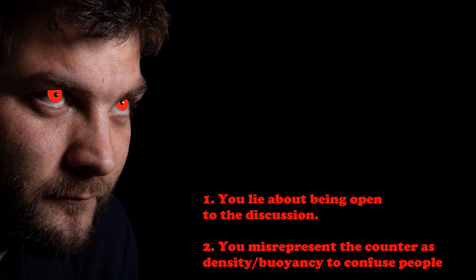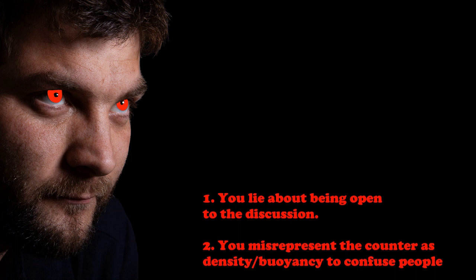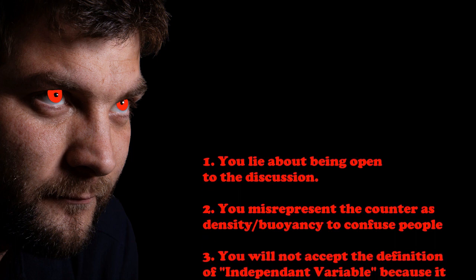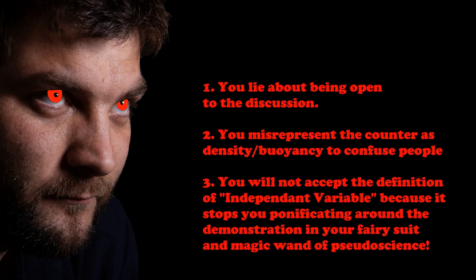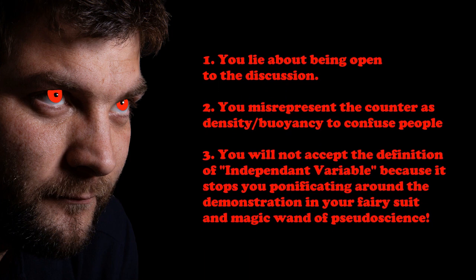It's not been like that for ages, but you do, and that's only done to confuse people. Relative density is the description, Bob. Please use that in future. And number 3, Bob will not accept the definition of the independent variable, because it stops him pontificating around the demonstration in your fairy suit and your magic wand of pseudoscience. Because if you do accept scientific method and you do accept the definition for independent variable, it rules out and excludes your notion that the magic beans do something.